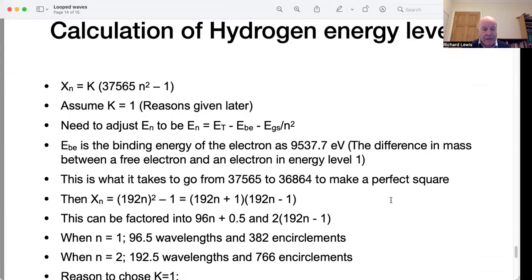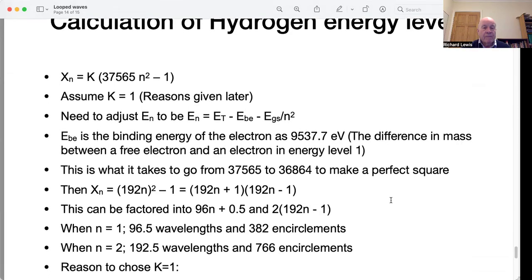And we also find that we need to adjust the formula to take into account the binding energy, because ultimately what we need is a formula with this number here being a perfect square so that we can factorize it. And in order to do that, we need to have a binding energy of 3537.7 electron volts.